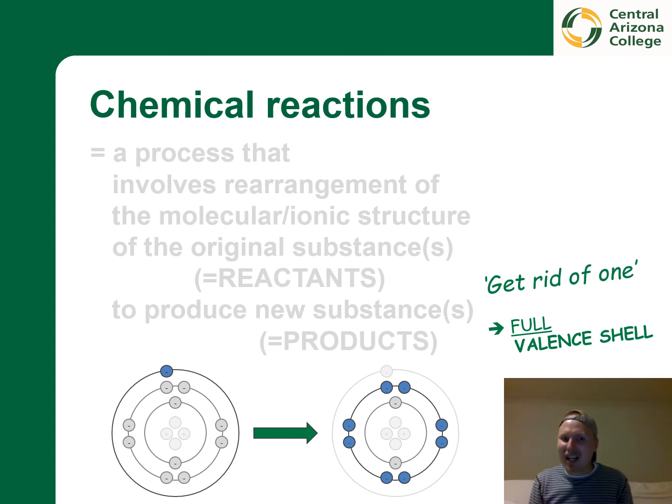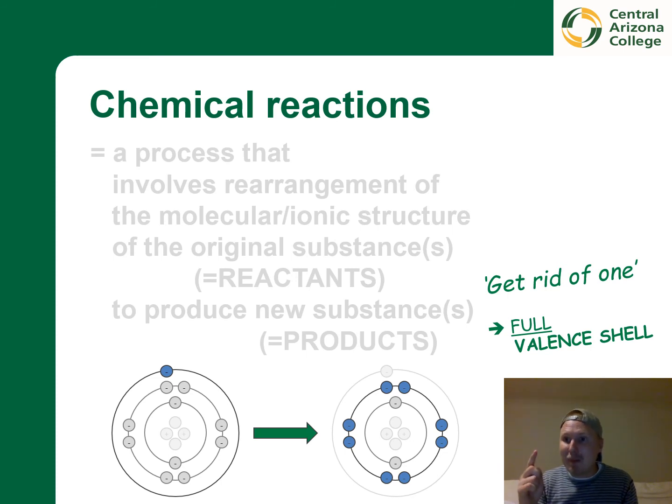And if the valence shell was not full, but just very short of that, well then the atoms are more reactive. We see an example of that just here at the bottom of the screen. So we have an atom with only one electron on its outermost valence shell.